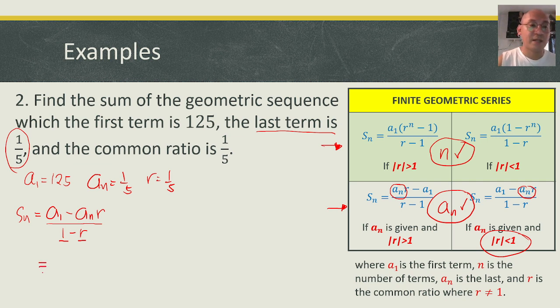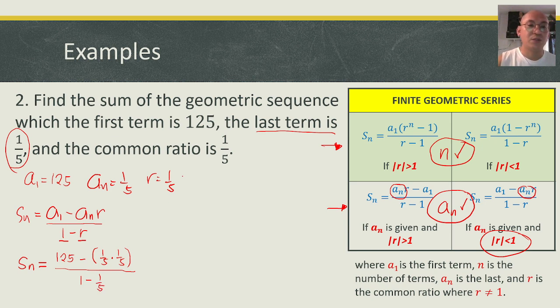So, let us now substitute the given values. The series of n terms, we don't know how many terms we have, but the last term is already given. A sub 1 is given, which is 125, minus the product of the last term and the common ratio. The last term is 1/5, and the common ratio is also 1/5, divided by 1 minus 1/5.